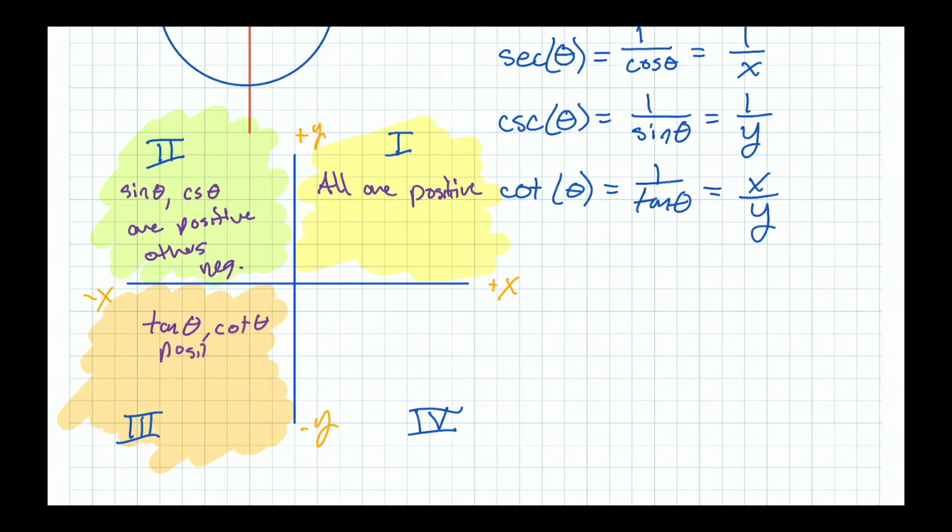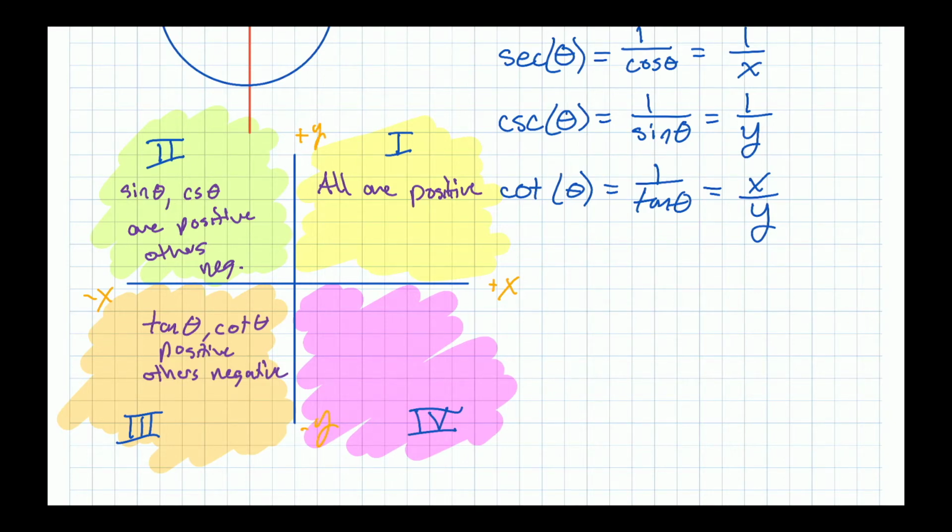So tangent and cotangent positive, others negative. And then in our last quadrant here, quadrant 4, x is positive, y is negative.